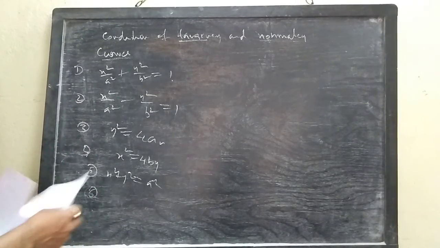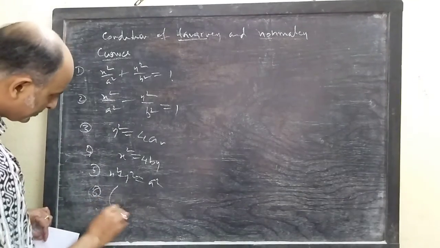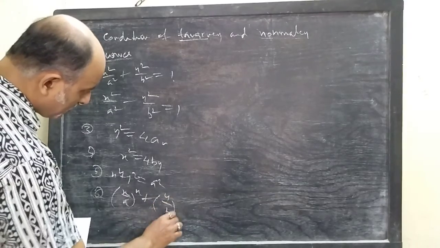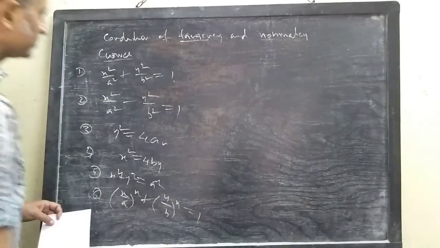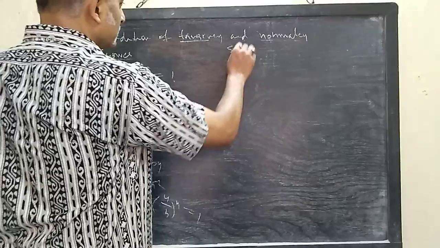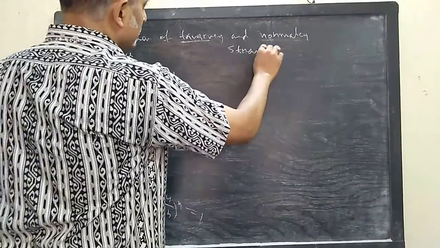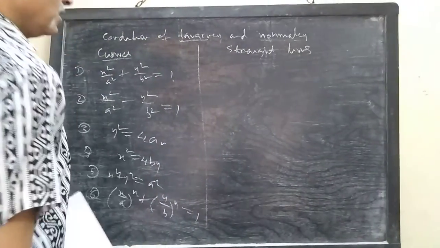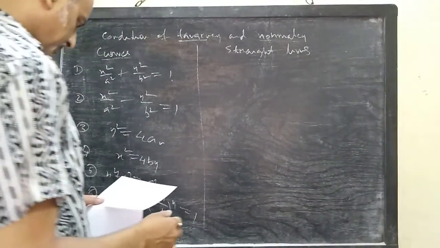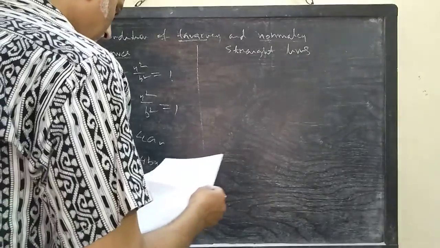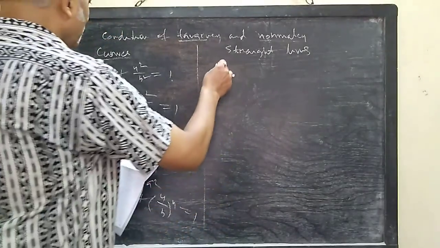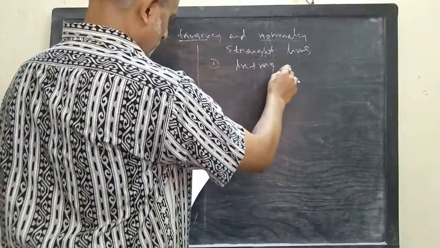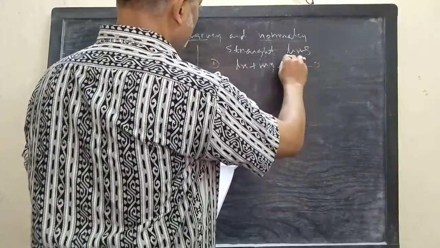And this may be this type of curve, (x by a) to the power n plus (y by b) to the power n equals 1. And the straight lines are of the following forms. Number 1, Lx plus My plus n equals 0.